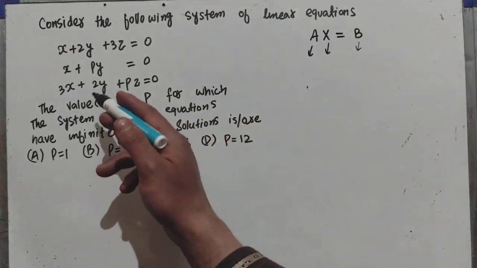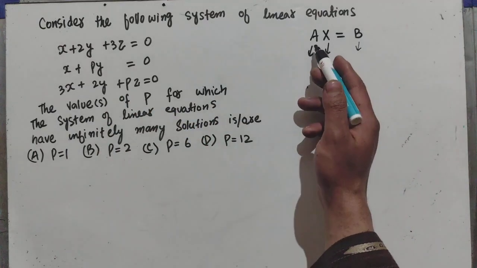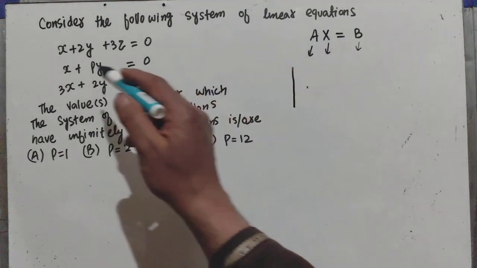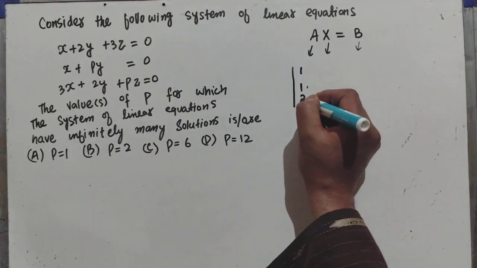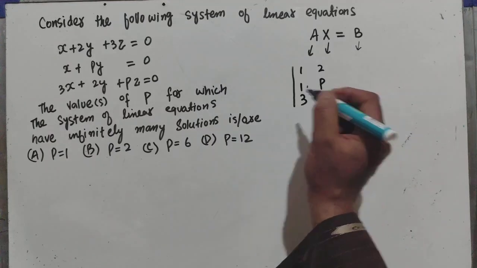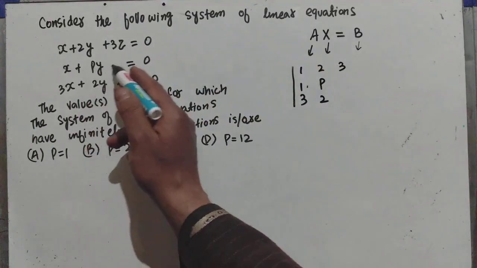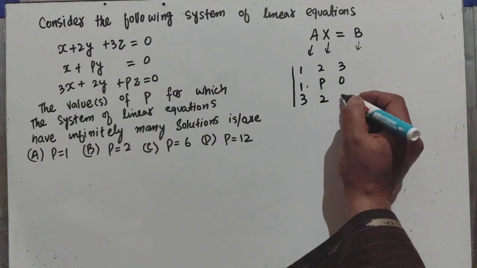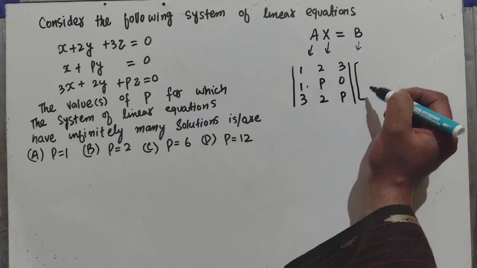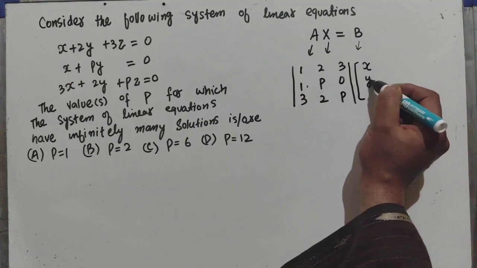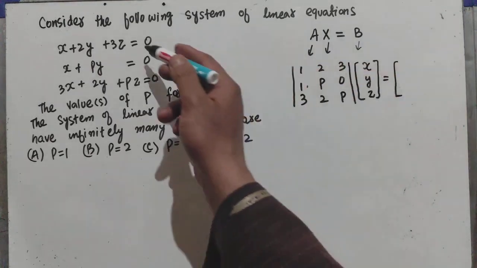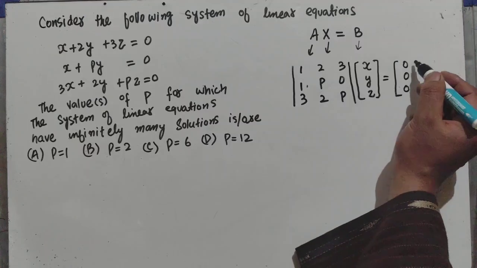So A has the rows 1, 1 and 3, then 2, p and 2, and then 3, 0 since z is not in the second equation, and p. So this is our A matrix. X, that is x, y and z, should be equal to the vector of constant terms, which is here 0, 0 and 0.